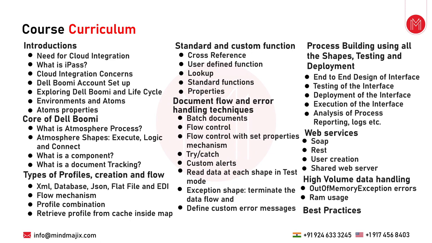If 10 shapes are there, each shape has its own processing of the data. While passing data to the next shape, first it will process on its own, evaluate it one by one, and then pass it to the next shape. So that is very important while handling a high volume of data.